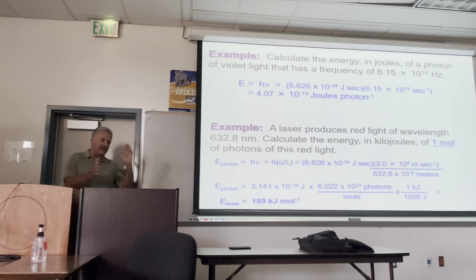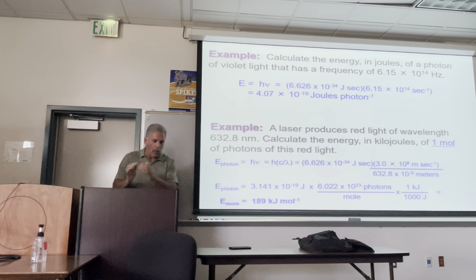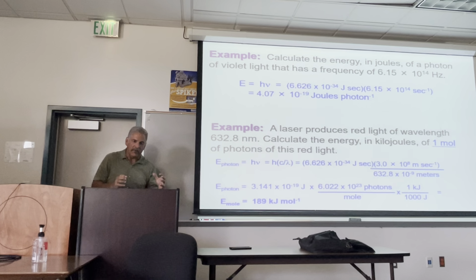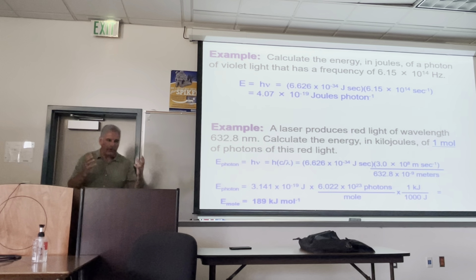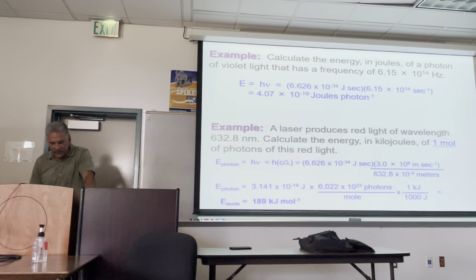So getting that relationship between 1 and a mole, and how to go from 1 photon to a mole of photons, you have to use Avogadro's number. You have to expand your vocabulary to include Avogadro's number. Okay. And then try to remember that Avogadro's number is not 34, but 23.